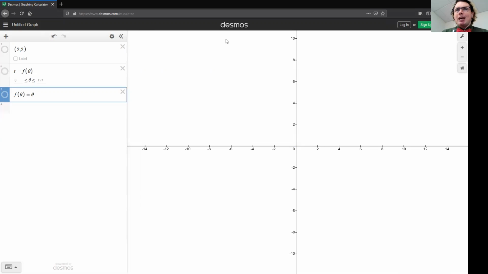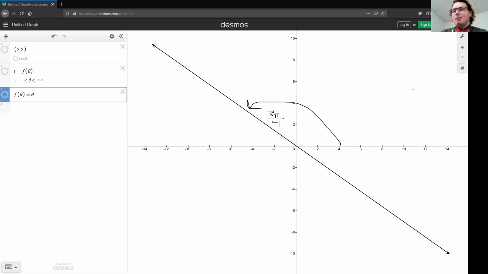So when I pick my angle, let's say my angle is 3 pi divided by 4. And I know that I'm going to be traveling out along this path. Well, even with my angle set here, there's two different directions that I can go and still be on this line.